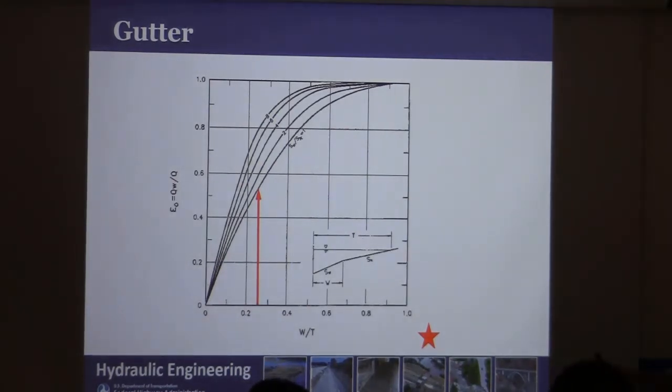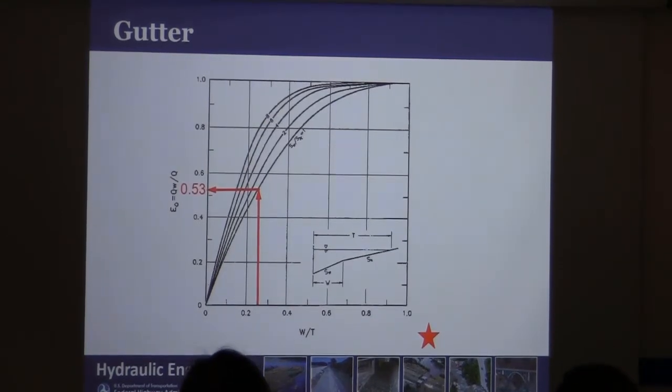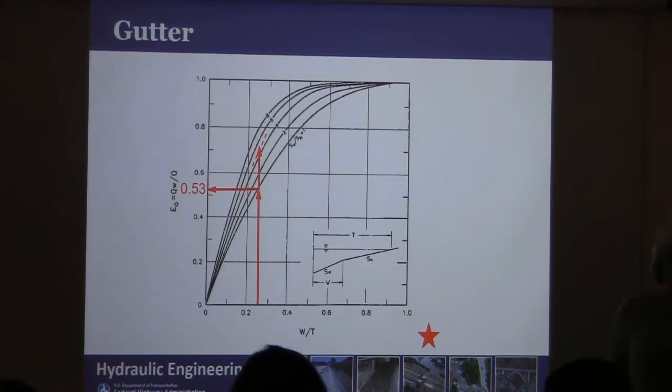Because they'll both be at 2% or whatever your cross slope is. So you go up and then go across and you find that your E sub O, or gutter to frontal flow ratio, is 0.53. That's a lot easier than using that other thing, right? If you have a composite slope, in this case, what do we use?